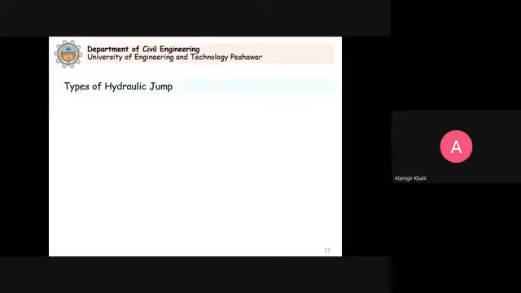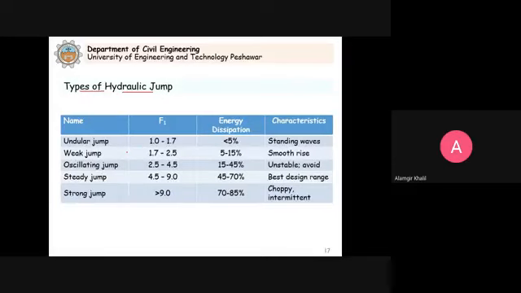Now we have different types of hydraulic jump. This classification which is given is in your textbook, this table. So these jumps can be divided into undular jump, weak jump, oscillating jump, steady jump, strong jump. And based on the criteria of the Froude number, this is F1. It means the Froude number at the upstream of the hydraulic jump.